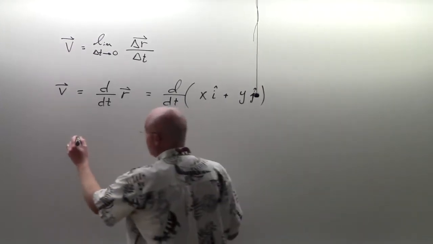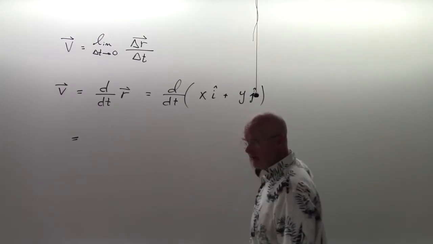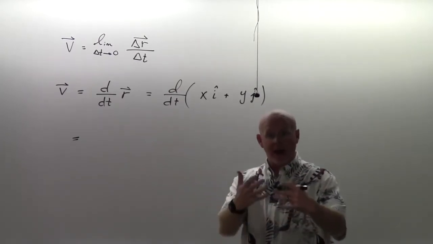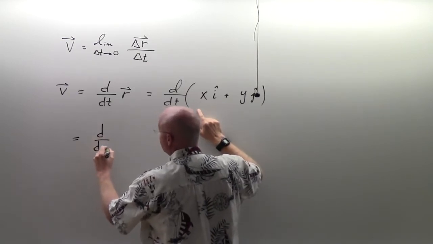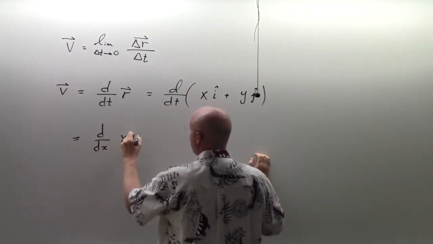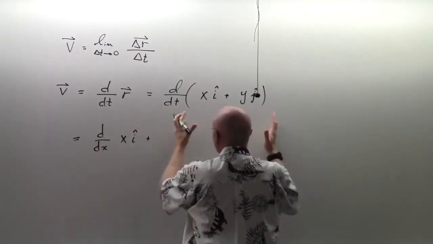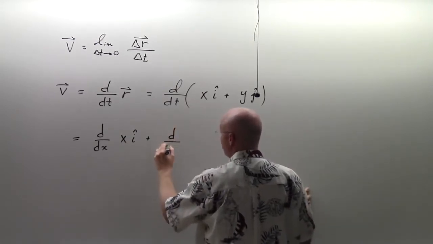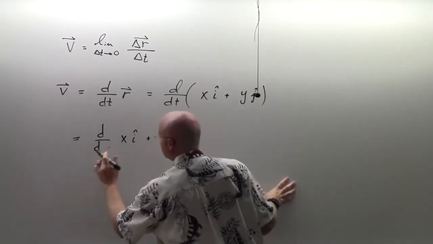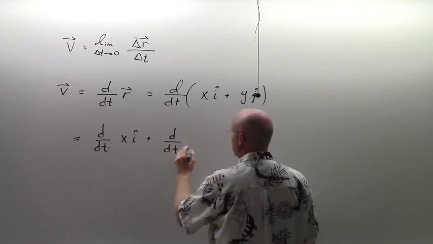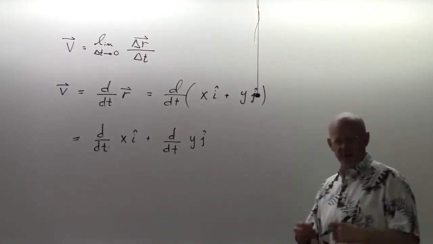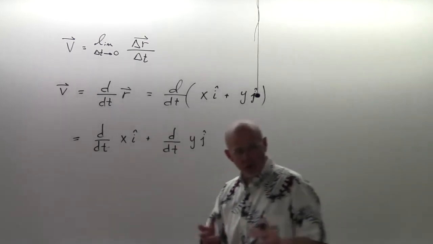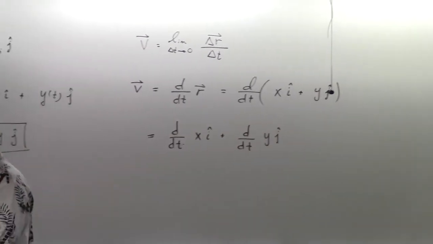So even though you've never taken a derivative of a vector, I know you know a lot about derivatives. And one of the things you learned is that when you have two pieces or two terms, you can separate those two terms, right? That's part of the property that you called a linear operator. The derivative is a linear operator.